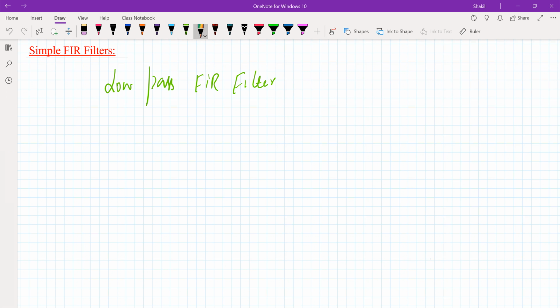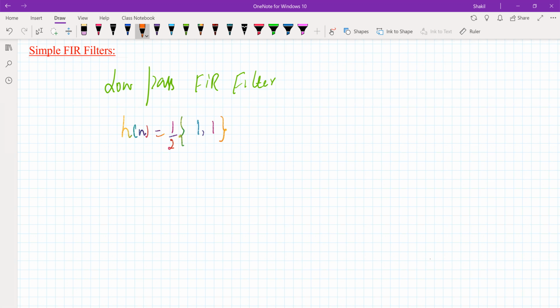Now, we can write the impulse response of this as, say, 1, 1, with a coefficient of 1 by 4. So this is a very simple FIR low pass filter. Now let me prove to you that this is indeed a low pass filter.